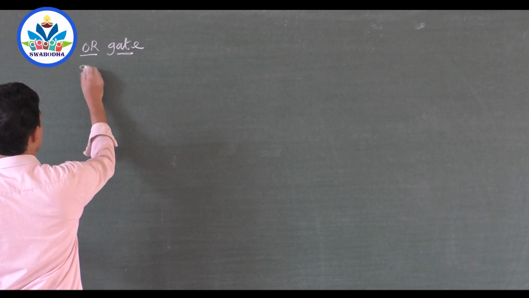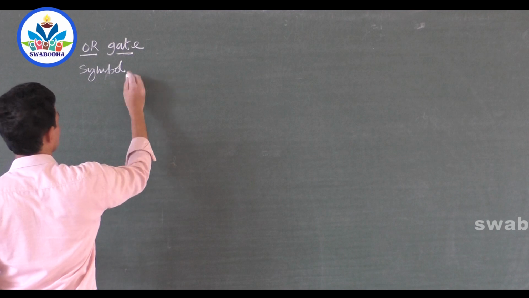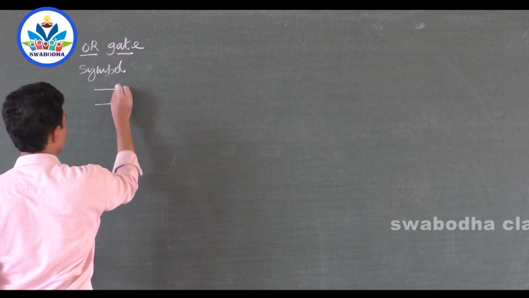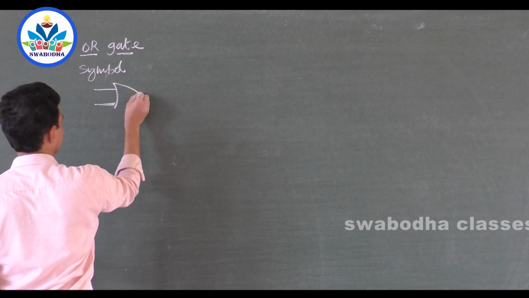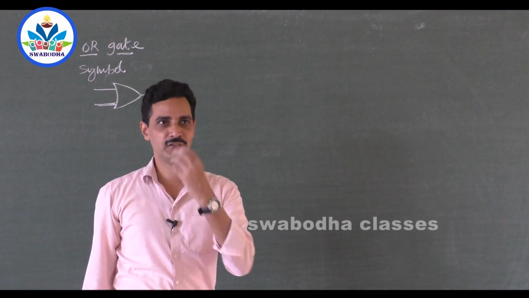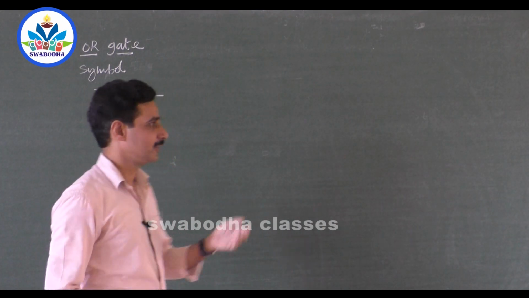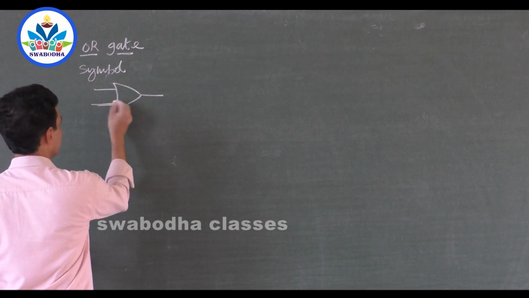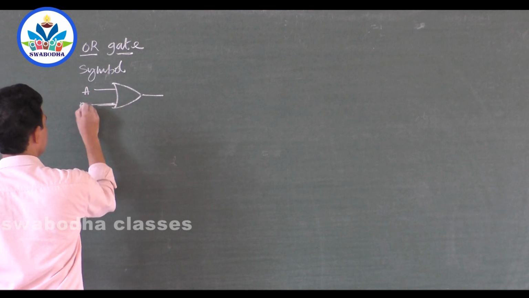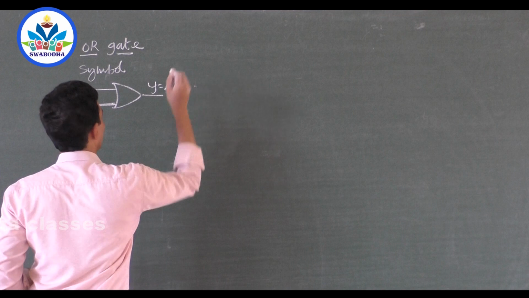The symbol for the OR operation is Y is equal to, the symbol is like this. When you pronounce OR, you see the lips moving forward, like the face of a pig or a mouse. So A or B, that is the output, A or B.